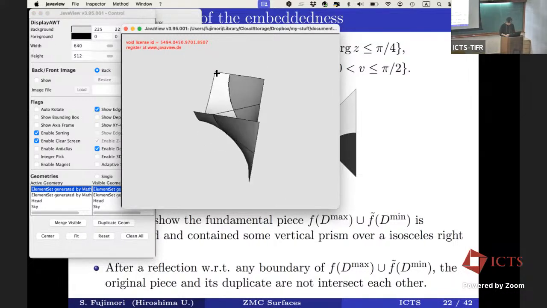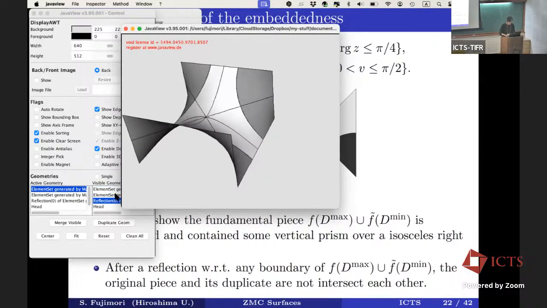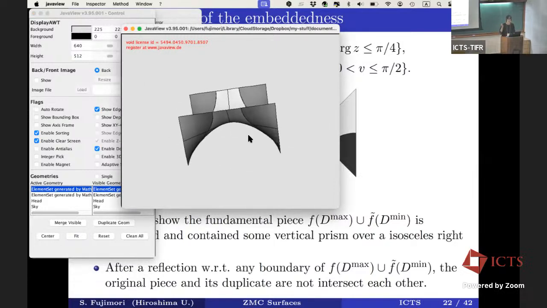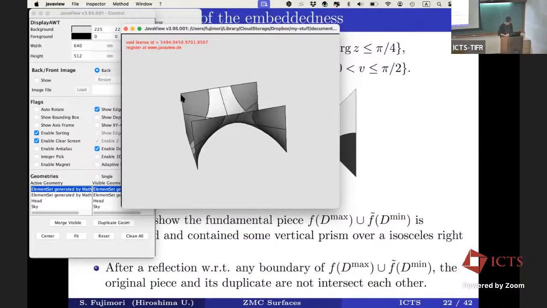Again, finally we have this surface. So this is the Schwarz D surface. The topology is really the same, and the symmetry is also the same.